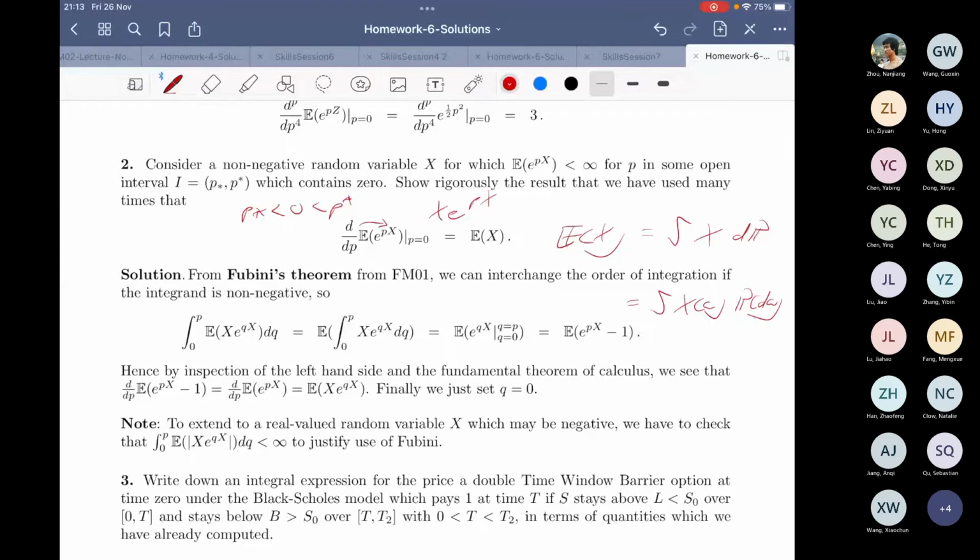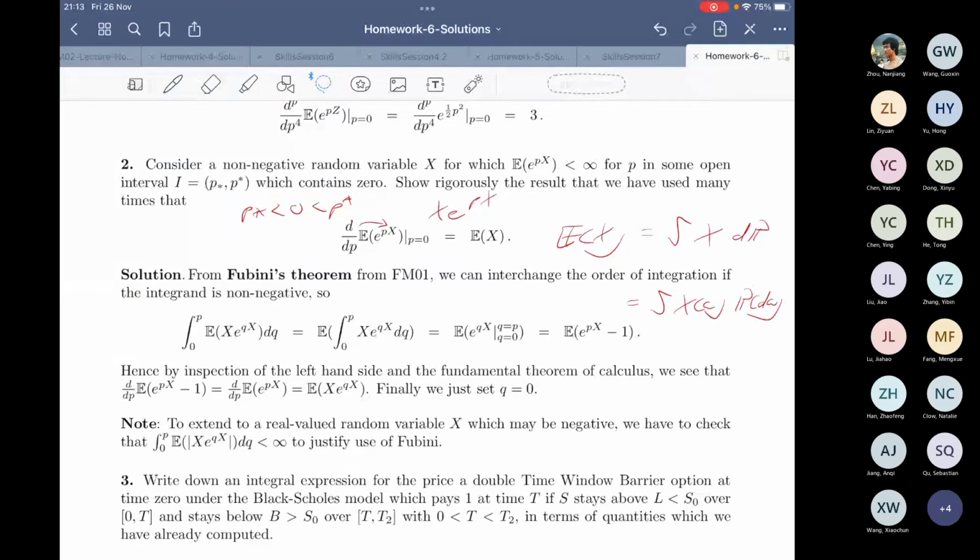As long as you've done FMO1, which hopefully you have, you can think of this thing here also as an integral, even though we don't usually have to think about things this way on this course. But Fubini's theorem says that we can interchange two integrals if the thing on the inside is non-negative.